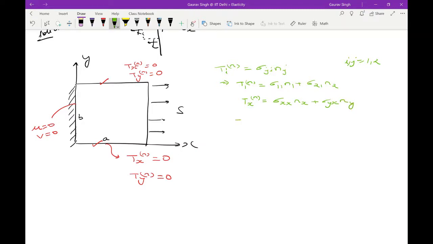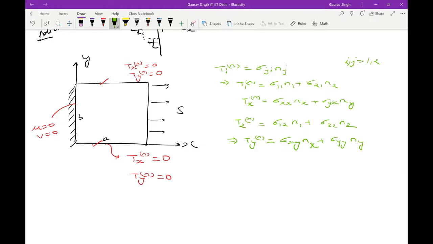Similarly, we will have T2 of n is equal to sigma 12 n1 plus sigma 22 n2. This means that Ty of n is equal to sigma xy nx plus sigma yy ny.